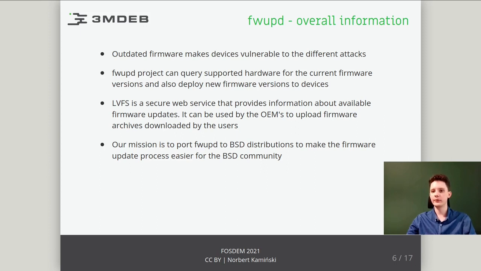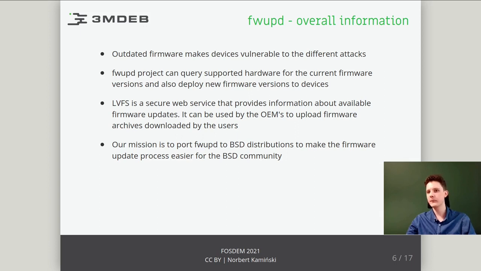The third problem, which clarifies one of the doubts I showed in the previous slide, is that it is sometimes hard to find a proper update on the internet.